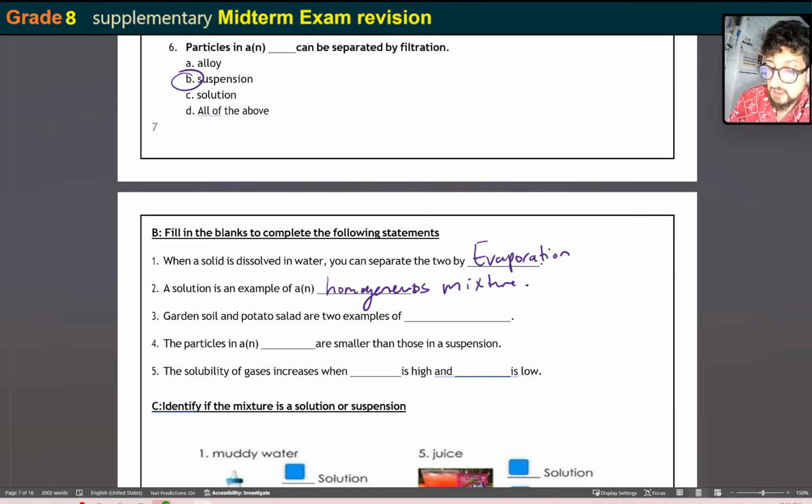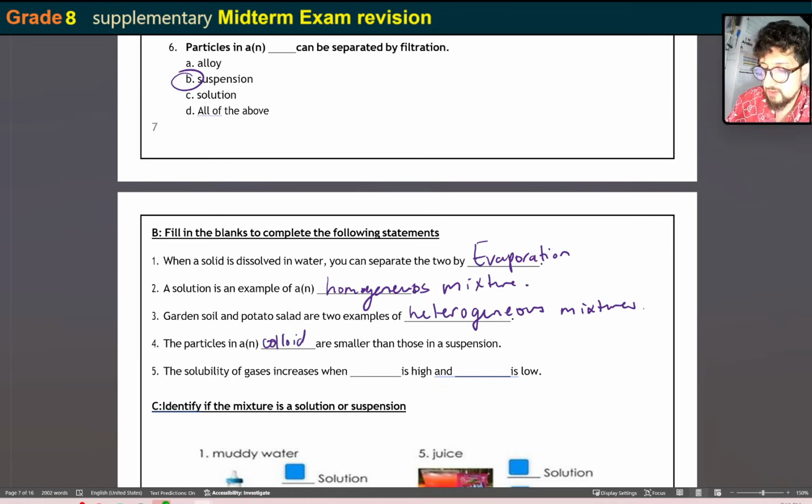Garden soil and potato salad are examples of heterogeneous mixtures. Heterogeneous mixtures are on the other side of the scale from homogeneous mixtures. The particles in a what are smaller than in a suspension? In a colloid, and certainly in a solution as well. They are very, very small.